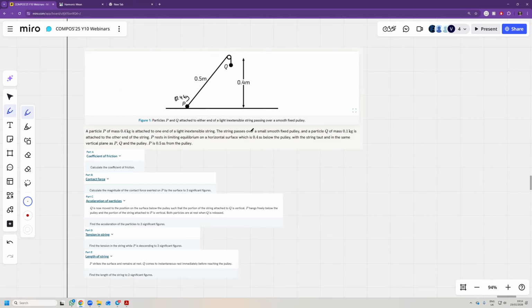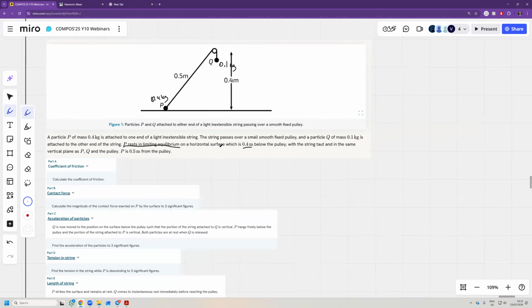The string is passed over a smooth pulley, and particle Q of mass 0.1 kilograms is attached to the other end. P rests in limiting equilibrium on the horizontal surface, which is 0.4 meters below the pulley, with the string taut. P is 0.5 meters away from the pulley.